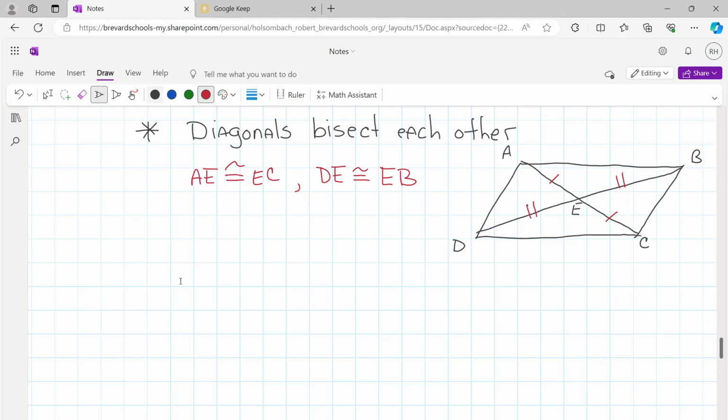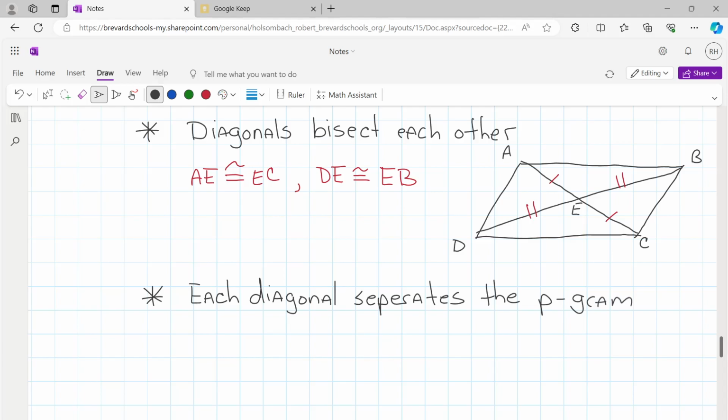All right, and finally, each diagonal separates the parallelogram into two congruent triangles.